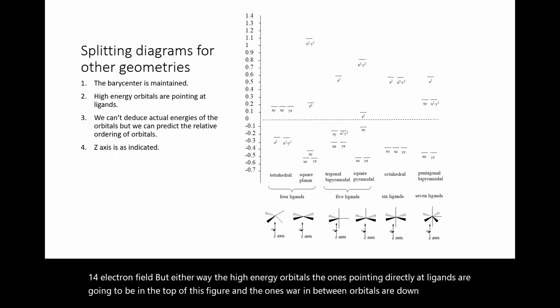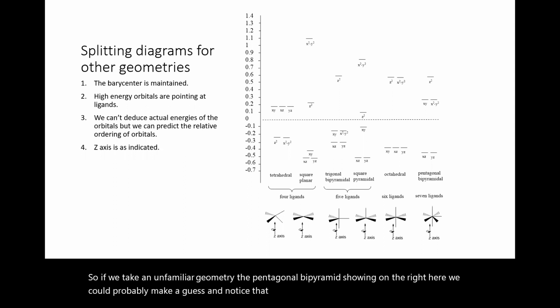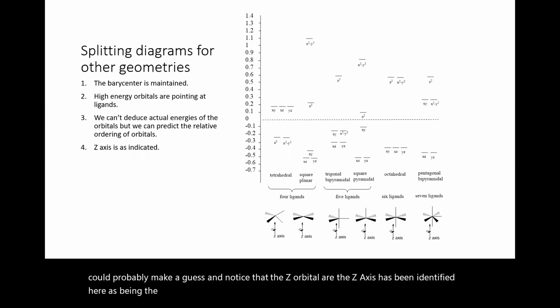So if we take an unfamiliar geometry like the pentagonal bipyramid showing on the right here, we could probably make a guess and notice that the z axis has been identified here as being the one that is unique, that is perpendicular to the 5 electrons in the pentagonal plane.